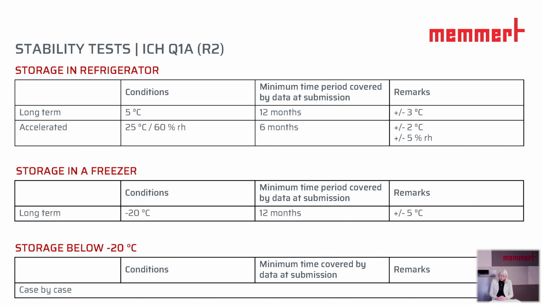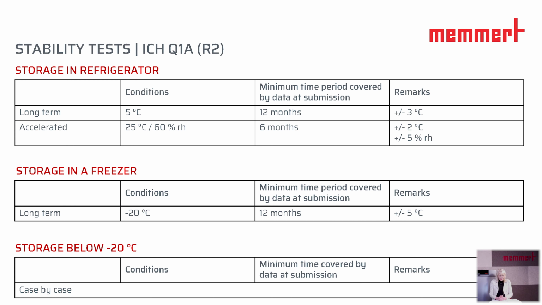And there's storage below minus 20 degrees. That is case by case, very seldom. That is also for vaccines. So here, for example, it could also be lower than minus 20 degrees.